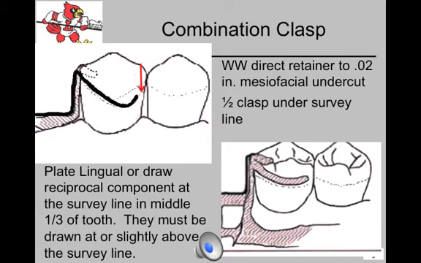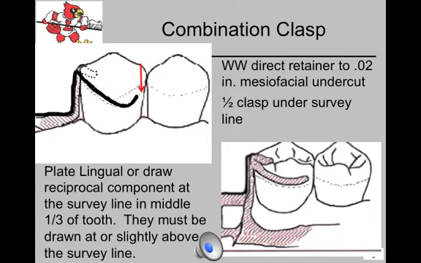a J-shaped, or in this case a backward J, reminding you of a ski jump area on a slope. It goes down and then the skier goes back up in the air and off the edge of that ramp. So this provides more retention if we have half of it under the survey line and this J-shape.